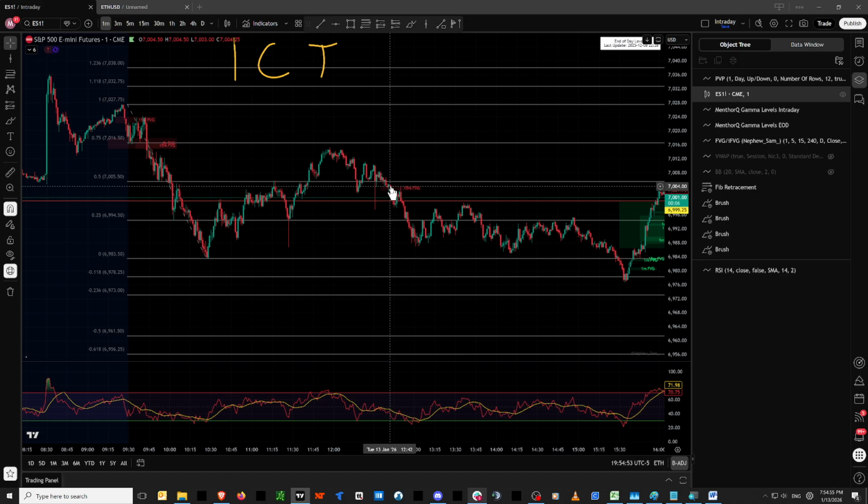So the institutions adapted. As you can see, the ICT trade still works sometimes, but not with the regularity that it used to. But it's something to be aware of when you see it. Michael Huddleston would say it plays out on all time frames.